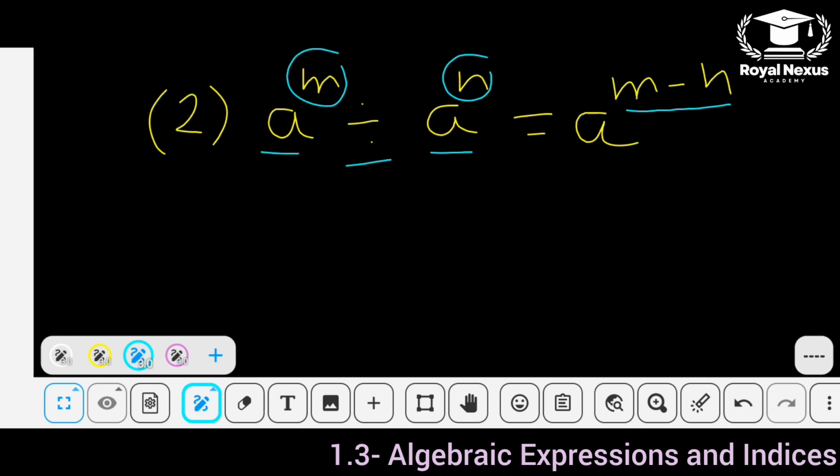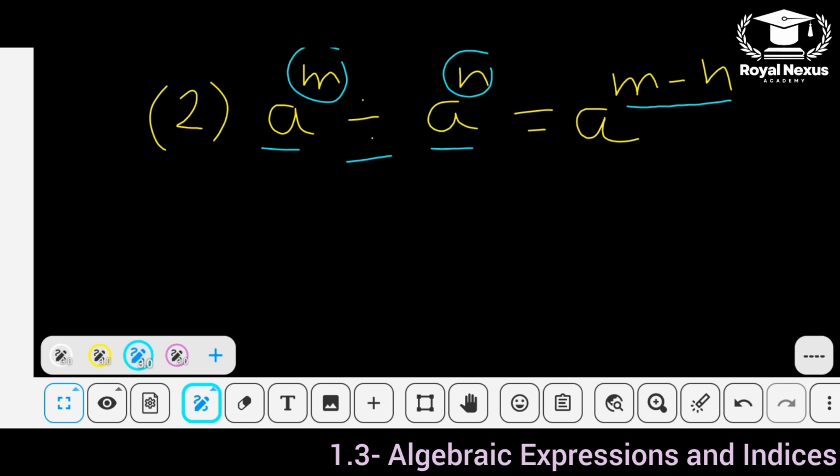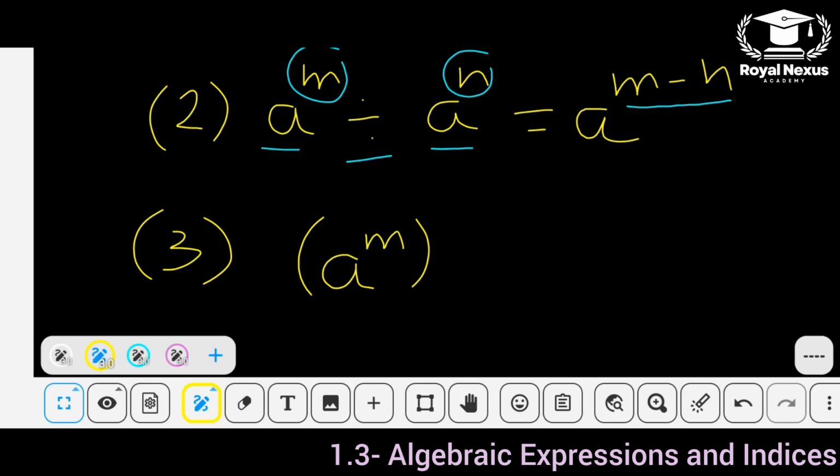Now moving on to the third rule of indices. The third rule states that when a base is raised to the power m and then the entire term is also raised to another power n, it will be a raised to the power m times n.